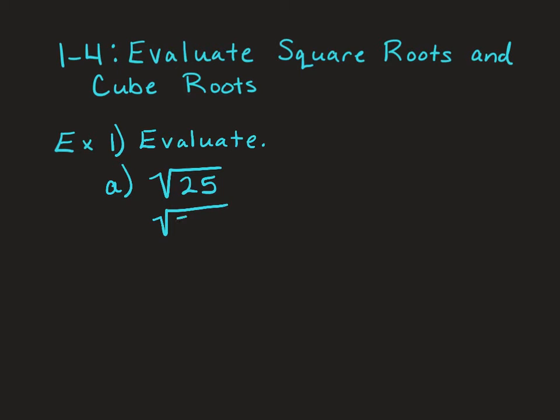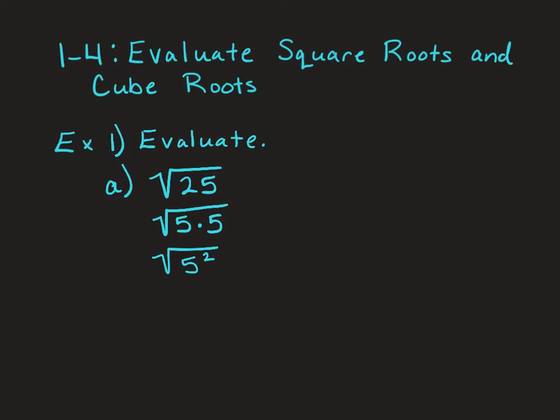So the square root of 25 is the same as saying the square root of 5 times 5. Another way we can write that, 5 times 5 is 5 squared. And one very important fact to realize when dealing with square roots is that a square root symbol and the little exponent 2, which is a square symbol, are inverses of each other.